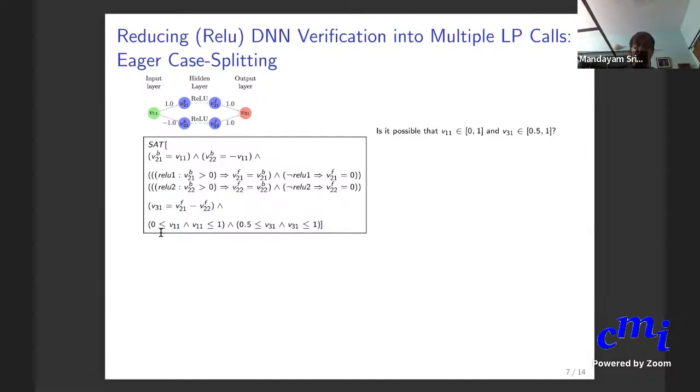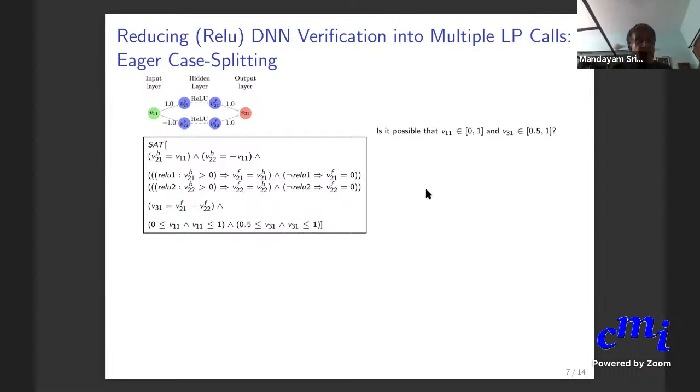This can be expressed as asking if this entire formula is satisfiable in SMT logic, the theory of linear arithmetic, with arbitrary Boolean combination. Because you have ReLU, this is not an LP problem per se, and so you have to use an SMT solver for this purpose.